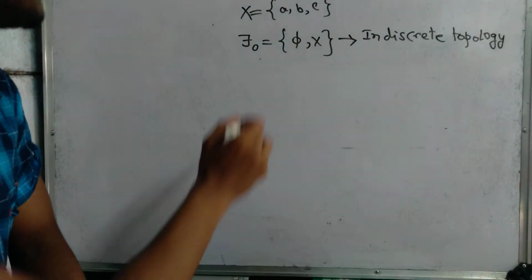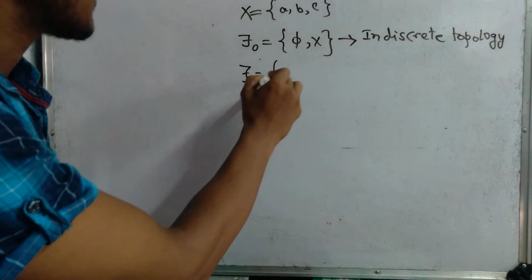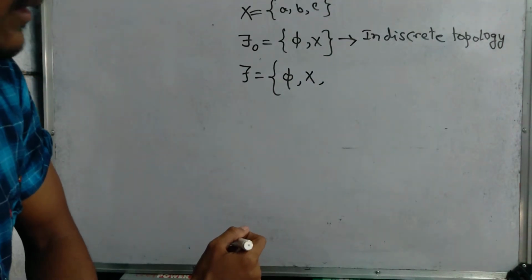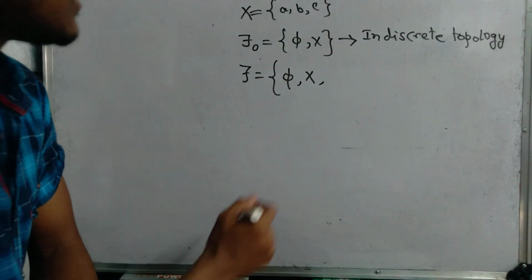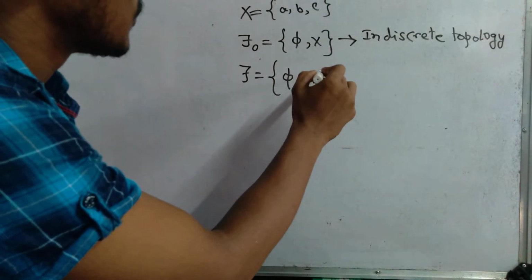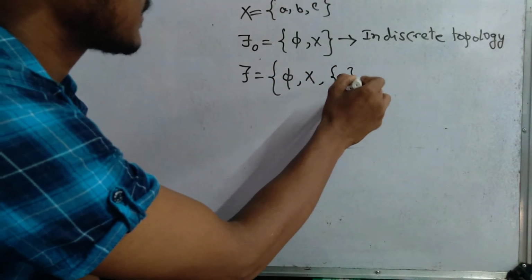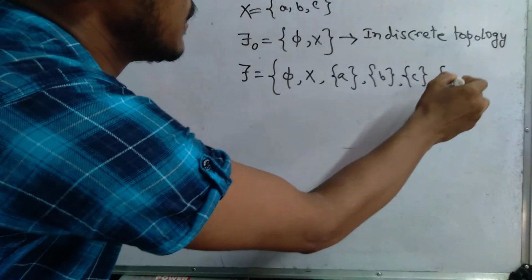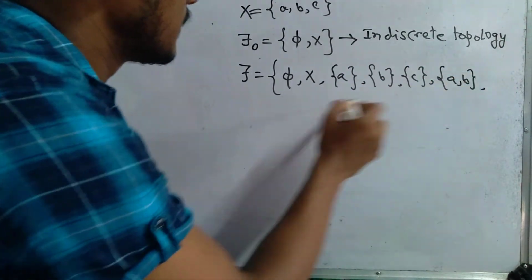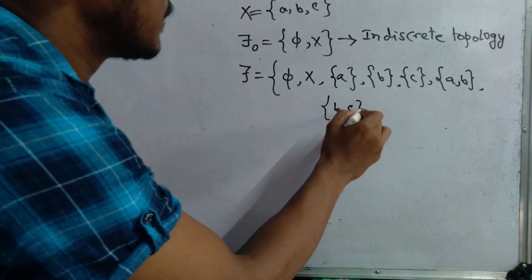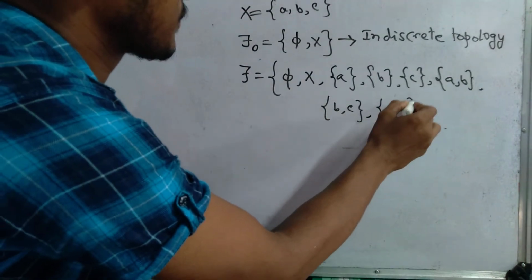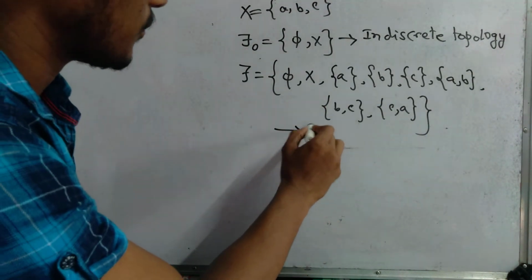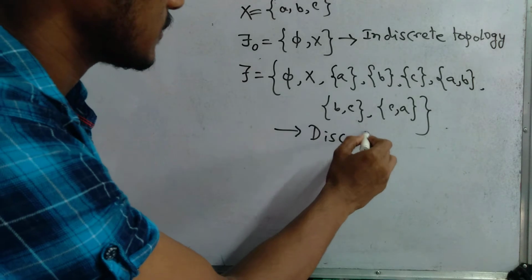And another tau is the collection of all subsets, that means the power set of X: phi, X, singleton A, singleton B, singleton C, the sets AB, BC, CA. This collection also forms a topology. This one is called the discrete topology.